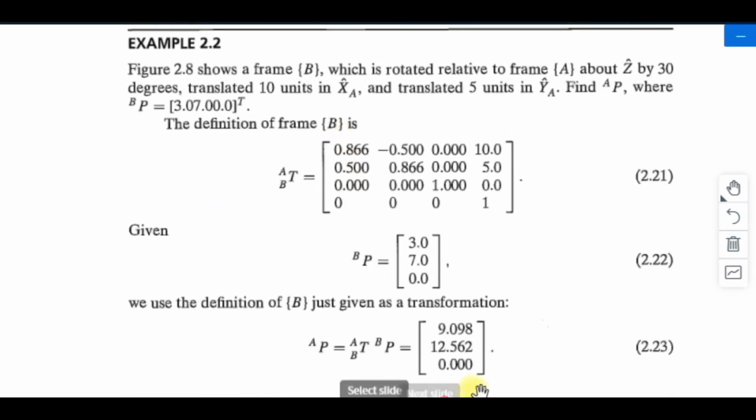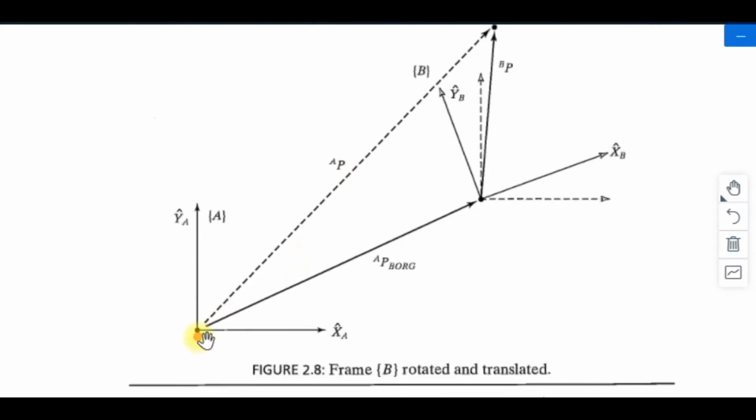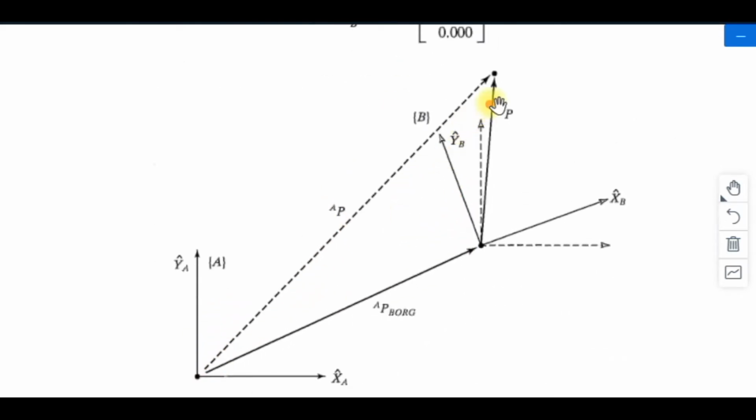So by using matrix multiplication, you are able to find the new position with respect to the A point. The point P is here, and we rotate this matrix. So BP is changed, and with respect to A we calculate this.